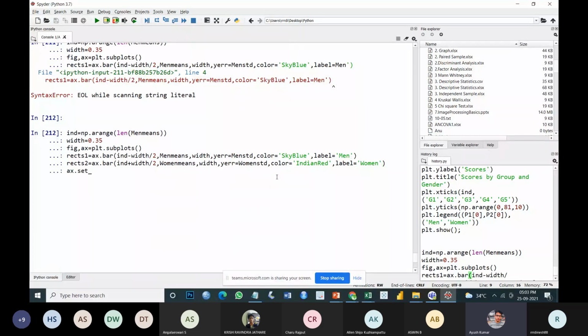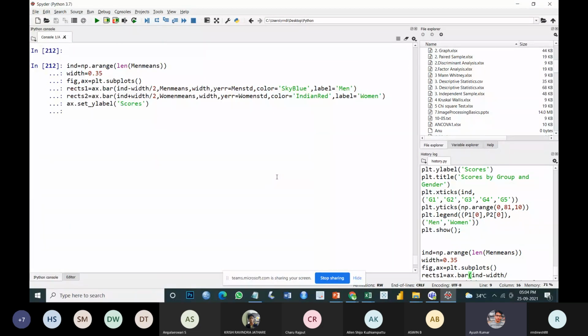Ax dot set underscore ylabel. Ax dot set underscore title of scores by group and gender.